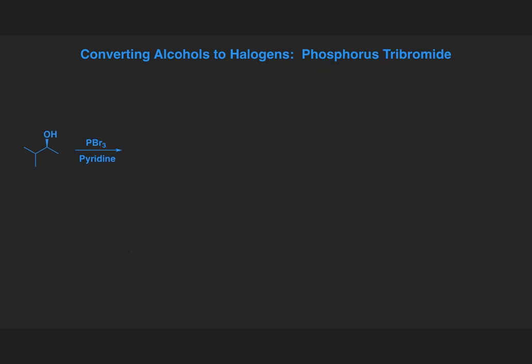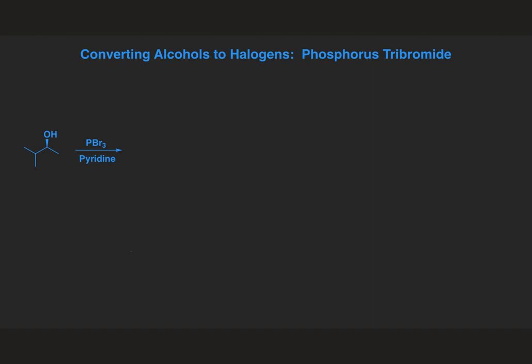We've seen a couple of ways to convert an alcohol to a chloride. One was HCl, and that was not very clean. It went through a carbocation. We just saw that you could use thionyl chloride to do it cleanly and get an inverted configuration for a chloride.